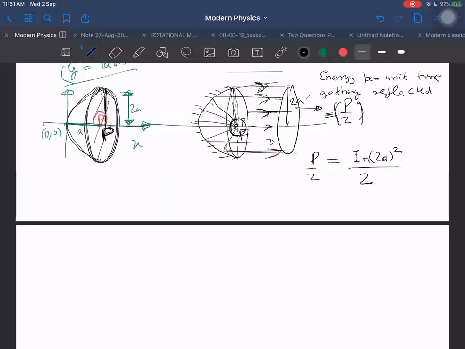How to relate it with force? Mainly we want to find out the force. dF, force is equal to dP by dt. And momentum P we can write as E by C.